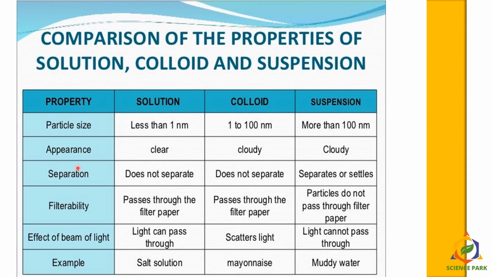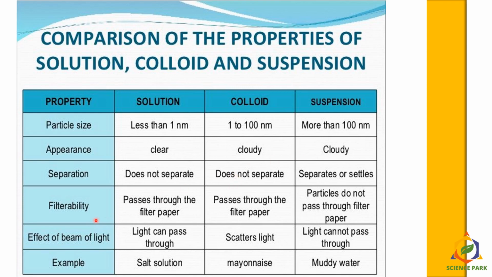The appearance of a solution is always clear, but the appearance of colloid and suspension is cloudy. We cannot separate a solution, but we can separate suspensions because the bigger particles settle down in a solvent. We cannot separate colloids because particles of this size are quite stable in a solvent, so they stay suspended and cannot be separated.